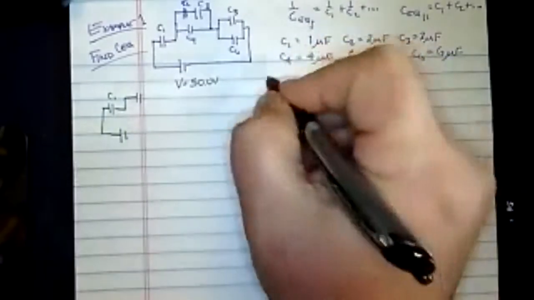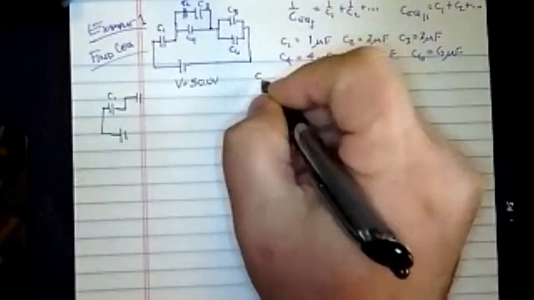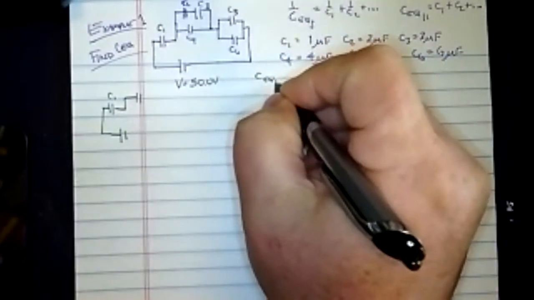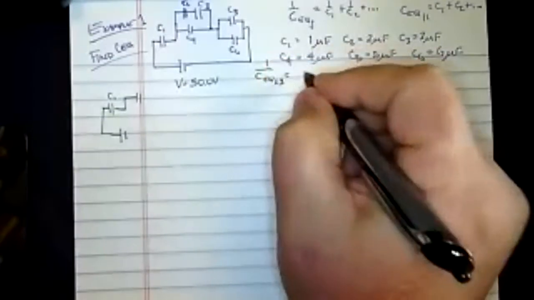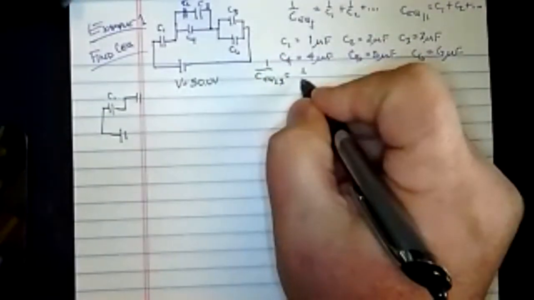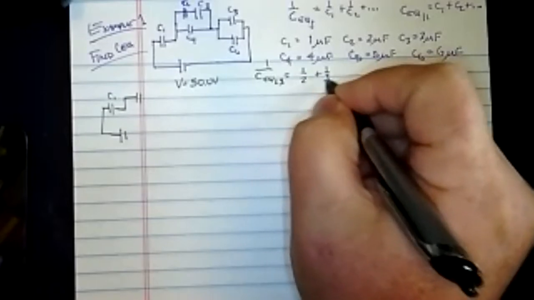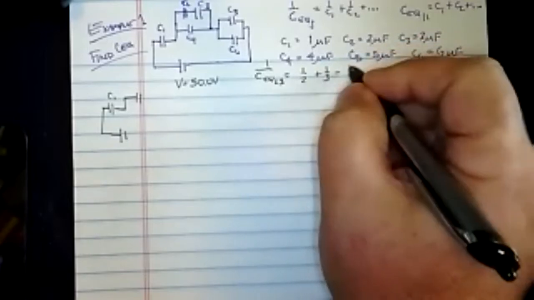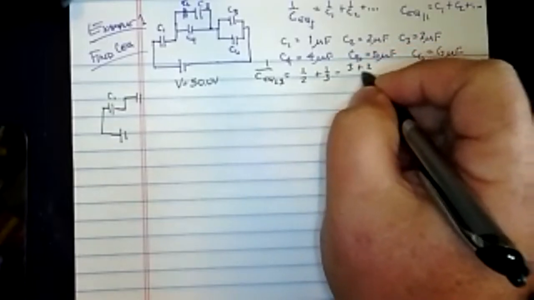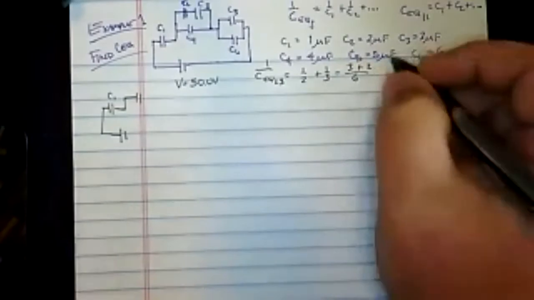And what that's going to be is C equivalent of 3. Notice they're in series, so I have to say 1 over C equivalent is equal to 1 over C2 plus 1 over C3. Well, that's 1 over 2 plus 1 over 3 microfarads, which of course is equal to (3 + 2) over 6.